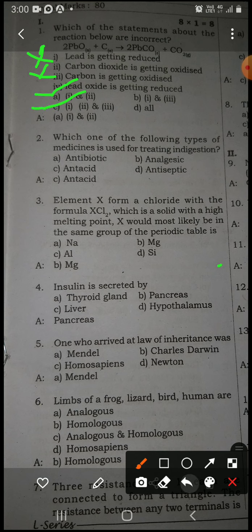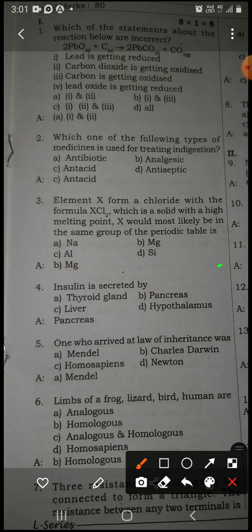So let's understand the question which is given. The question is: which of the statements about the reaction below are incorrect? As far as incorrect statements are concerned, we can say that the first statement is incorrect and the second statement is incorrect. So both are incorrect. Here don't get confused. Option A is 1 and 2, option B is 1 and 3, option C is 1, 2 and 3, option D is all.